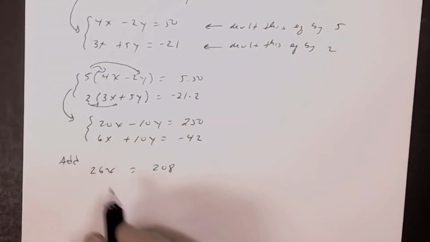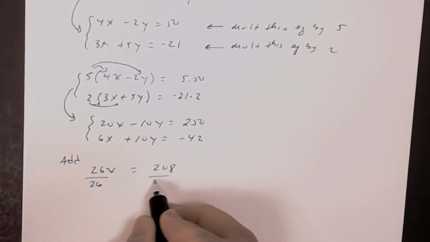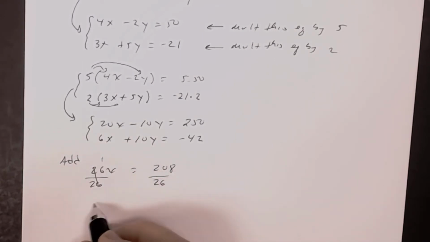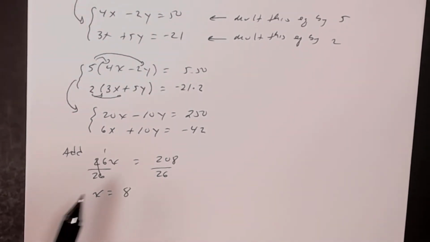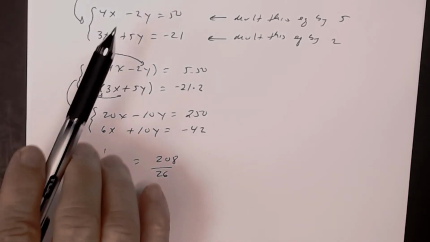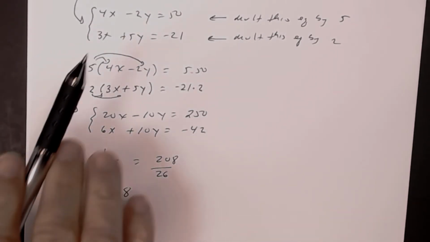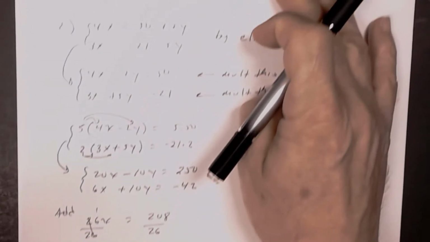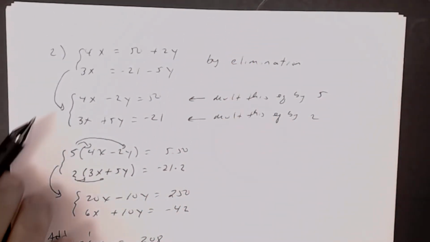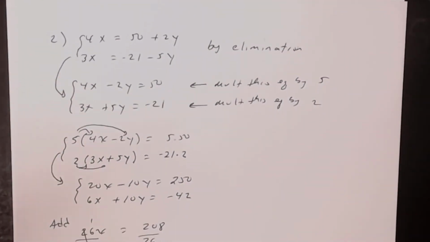Okay? And then dividing both sides by 26 and simplifying, 208 divided by 26 is 8. So the x value of the ordered pair that makes those two original equations true at the same time is 8.